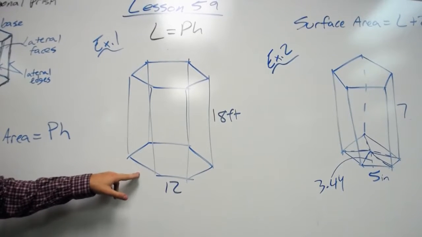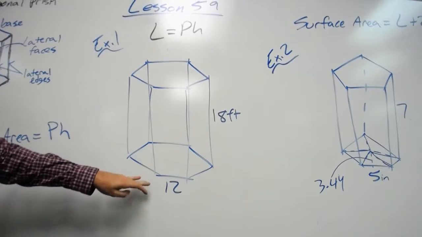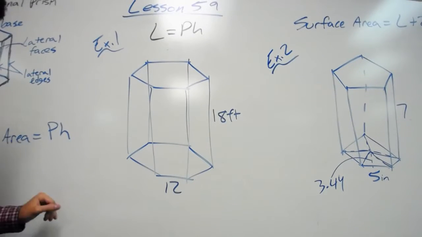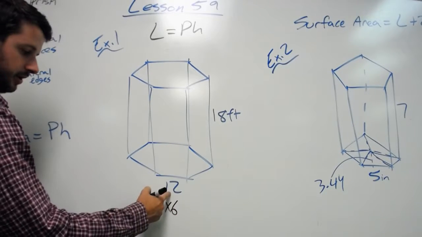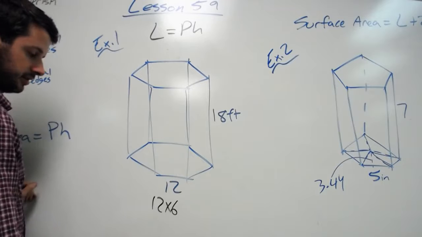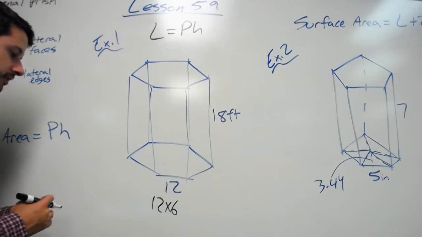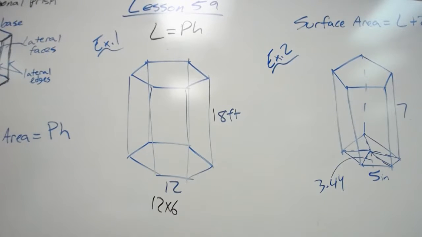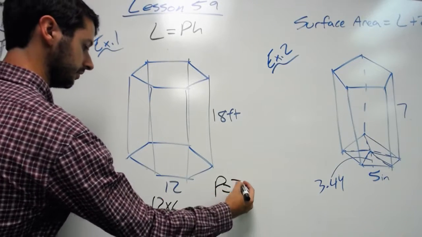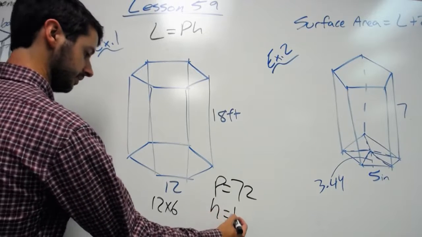To find the perimeter of the base, we simply do 12 times 6, since 12 is the measure and there's 6 sides, and all the sides are 12 because it's a regular hexagonal prism. We multiply and find that 12 times 6 is 72. So therefore P equals 72. Height is easy. We see that height is 18.